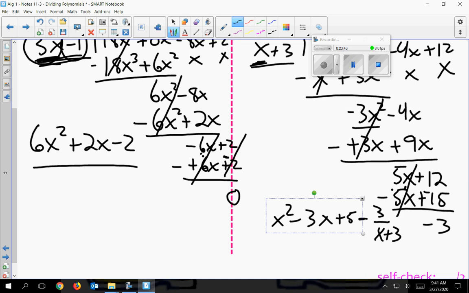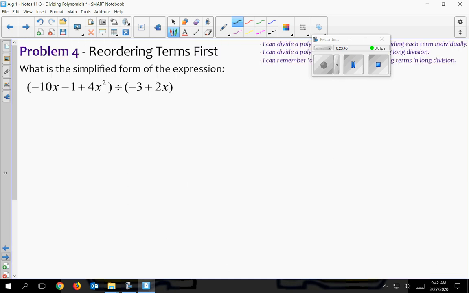One more. Just messing with you here, just making sure you understand what standard form is. This is not in standard form. That is also not in standard form. And I need to make sure that I have everything right. So let's just rewrite it correctly first. My biggest exponent is 2.